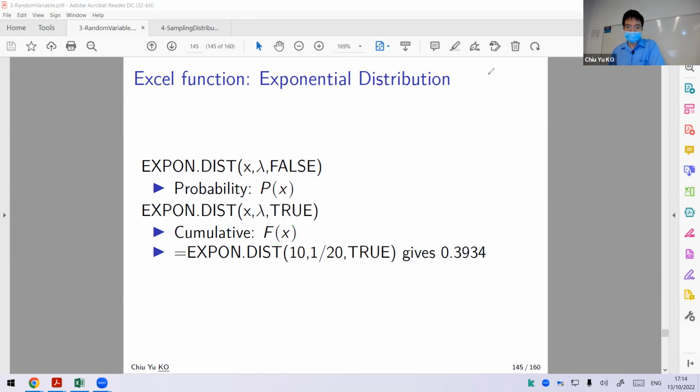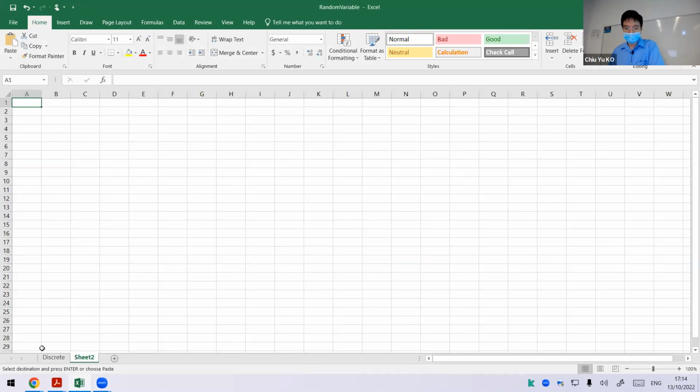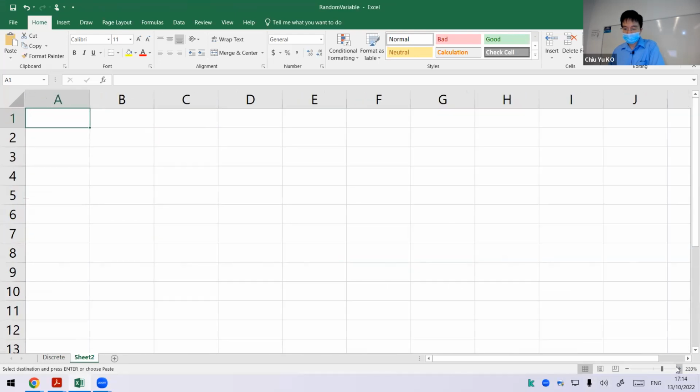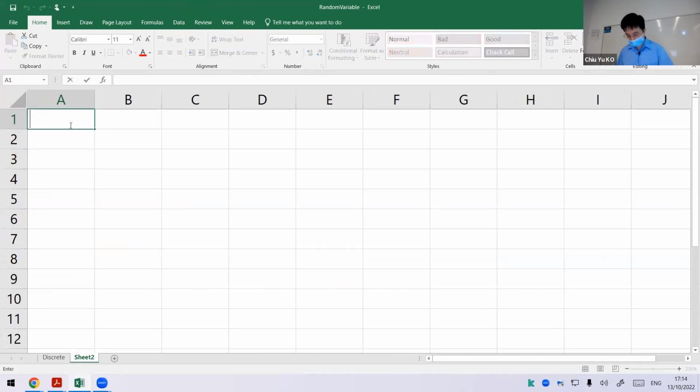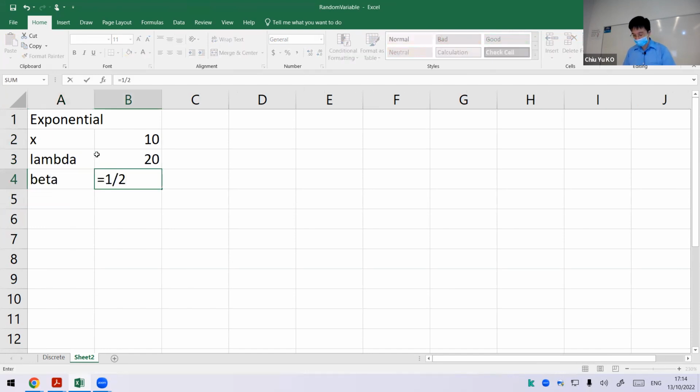But let's try this: X is 10 and lambda is 20. Let's do exponential. But we only need the one that uses beta, which is 1/20.